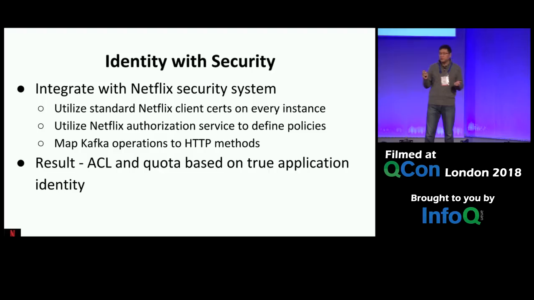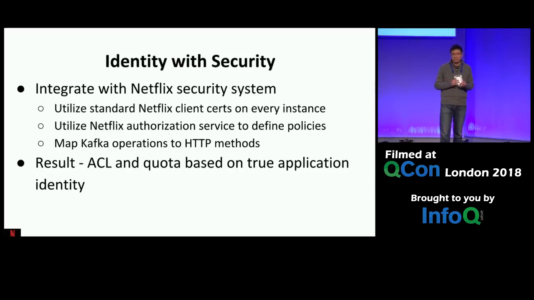So what we decided to do is to do proper authentication and authorization based on our Netflix security system. So the first step that we have done is to require every client to communicate with us via SSL. And we require the client auth for all our clients.